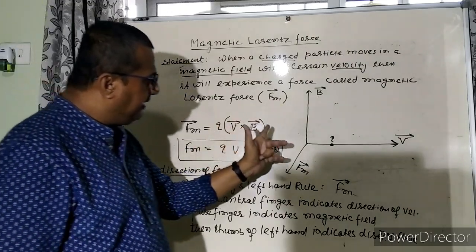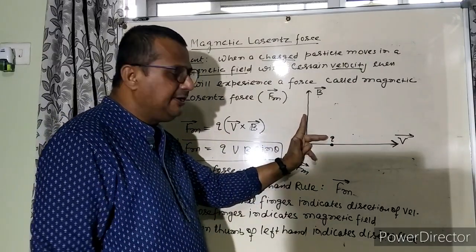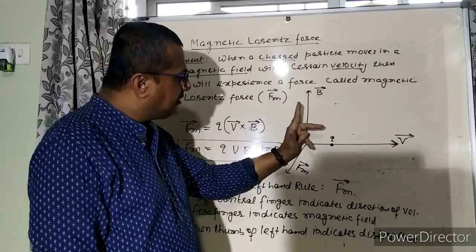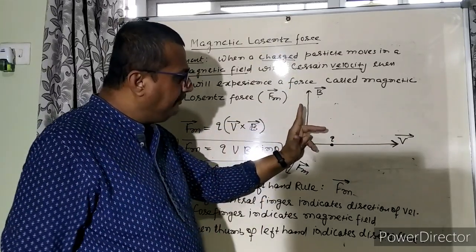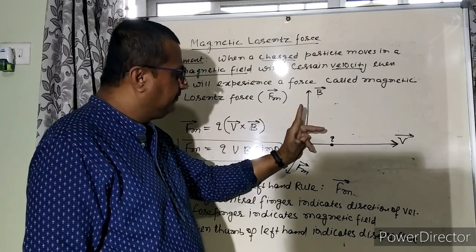So we can demonstrate like that. This is the central finger, indicating the direction of velocity. Forefinger indicates the direction of magnetic field. Then the thumb is indicating the direction of force.